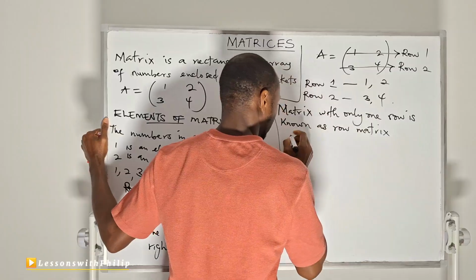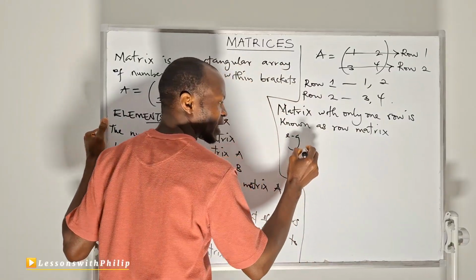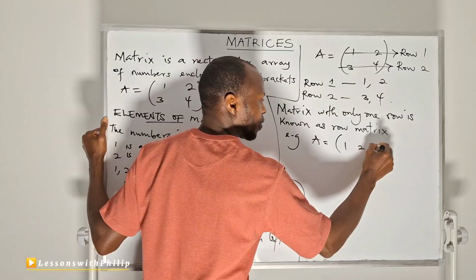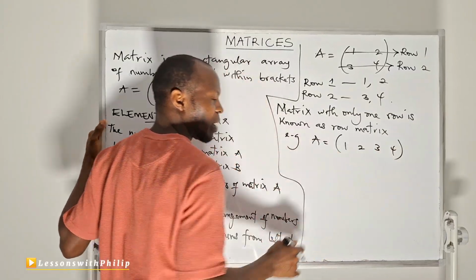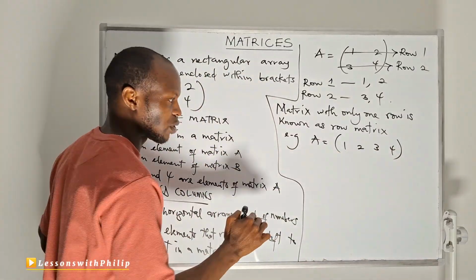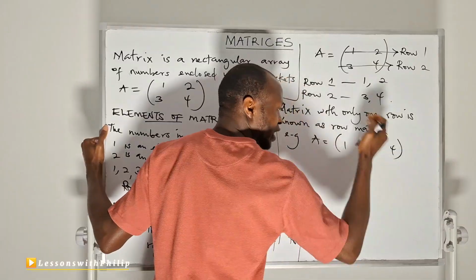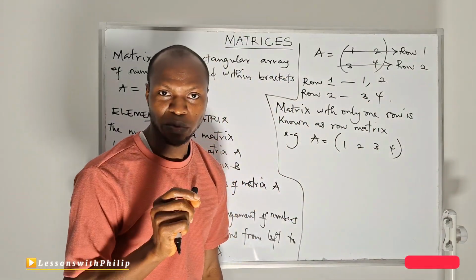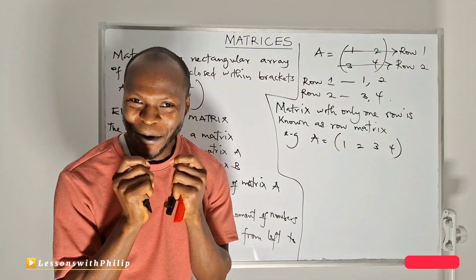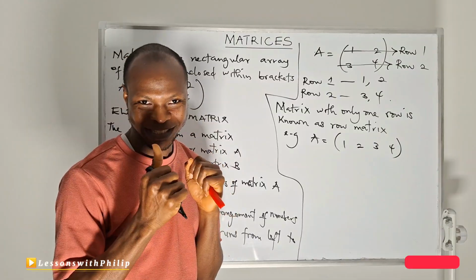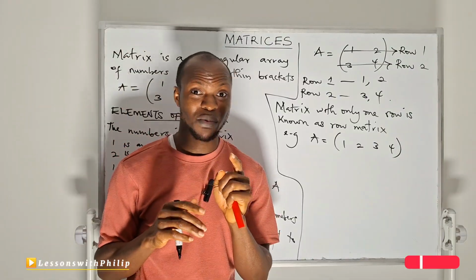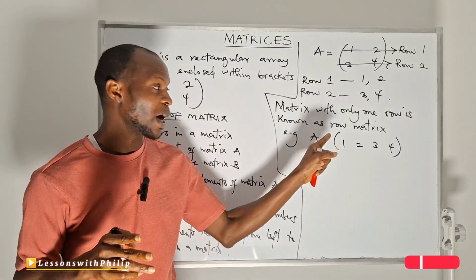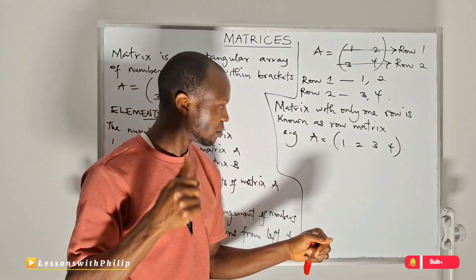For example, if matrix A equals 1, 2, 3, 4, this kind of matrix is known as a row matrix because it has only one row. It may have many columns, but as long as it has only one row, such a matrix is known as a row matrix. Do you get it? In our later classes on types of matrices, we will explain the row matrix more deeply. Do you get it? Perfect.